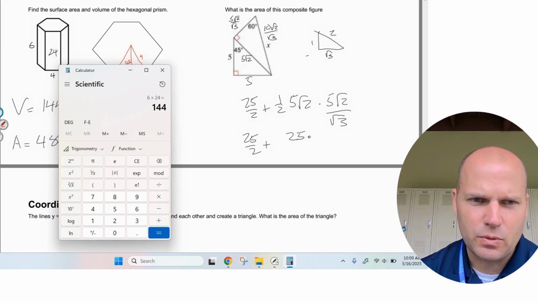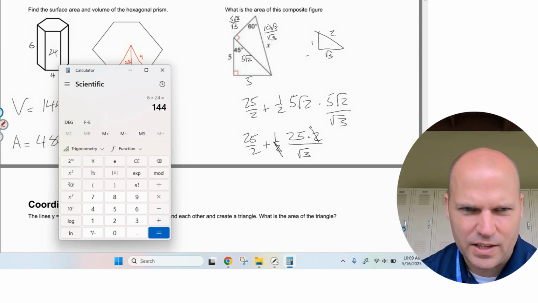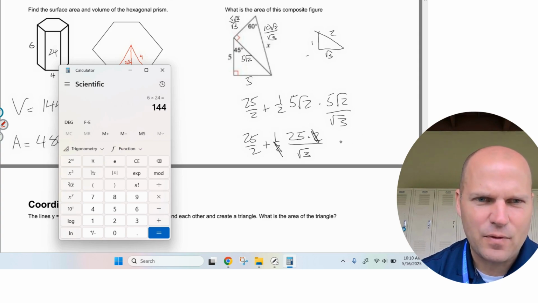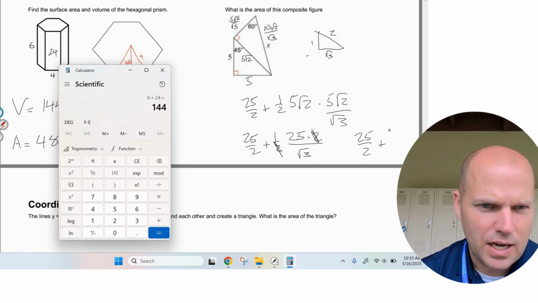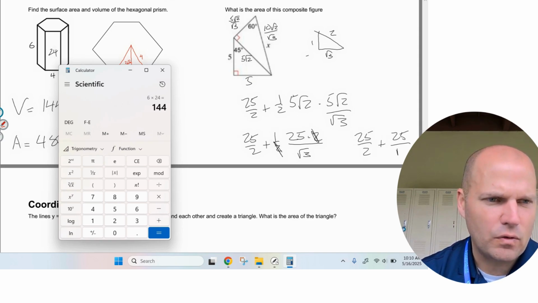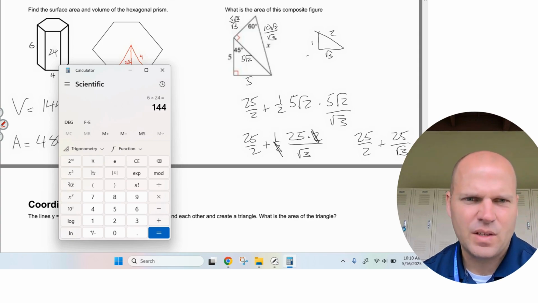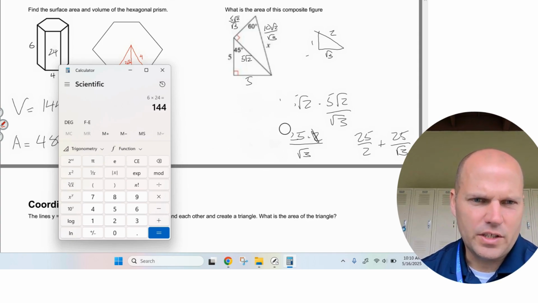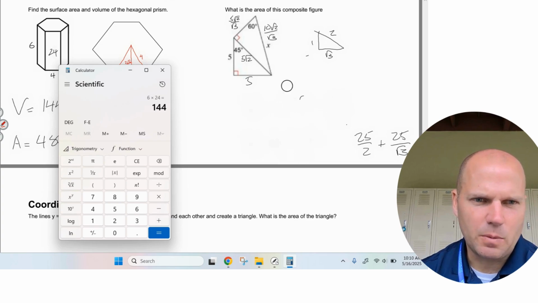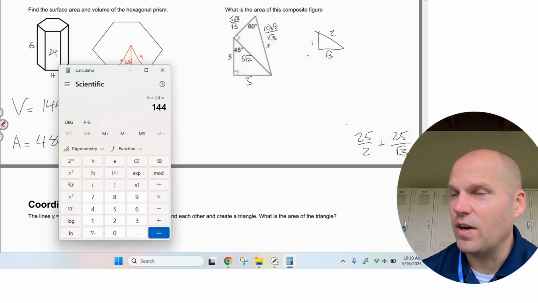The root 2 times the root 2 is 2, but I have a half here, and I'm dividing by root 3, which means the half and the 2 will cancel, which means I have an area of 25 over 2 plus 25 over root 3. What a great question. It's going to be annoying to go back and erase all this because I'm just going to provide the answer key to start with before I provide the video.